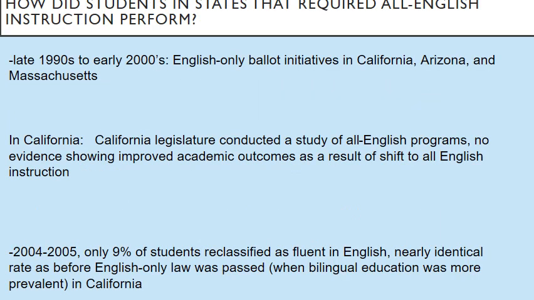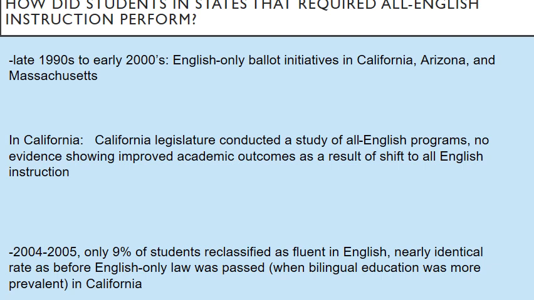Now let's look back at those states that had chosen to make instruction only in English, and they had banned bilingual education. Let's see how students in those states performed.